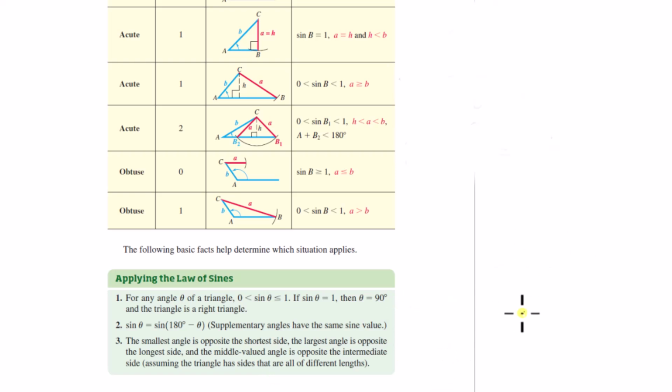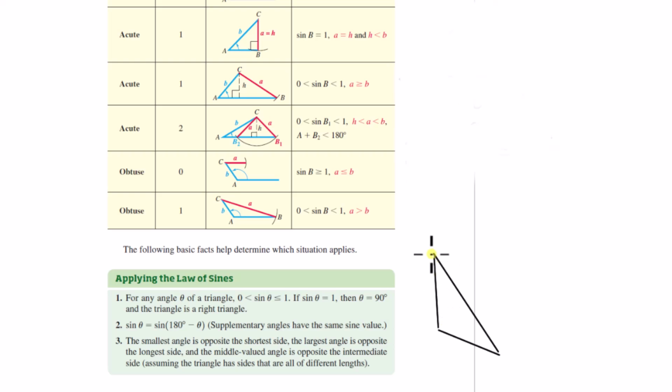For example, if you have an obtuse triangle, what is the angle of a triangle giving you? It's the amount of separation between the sides, right? If it's a big angle, that means the sides are separated a good bit.